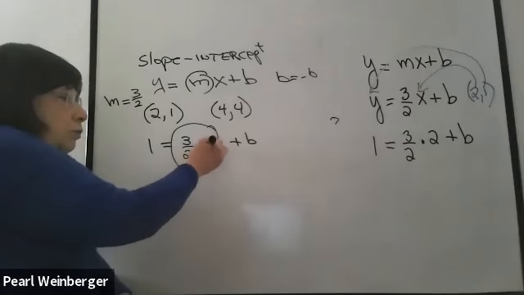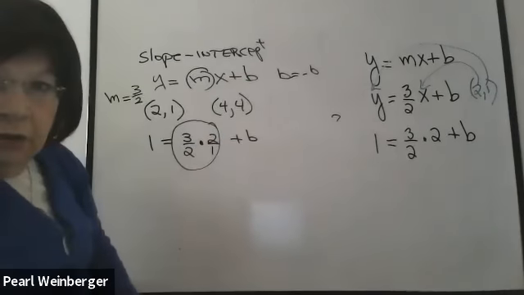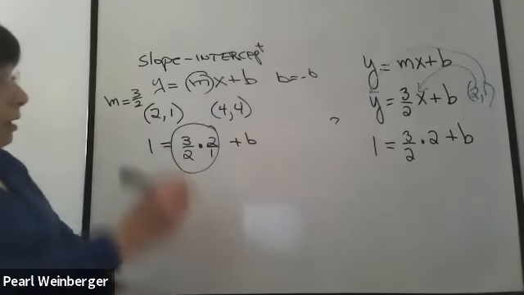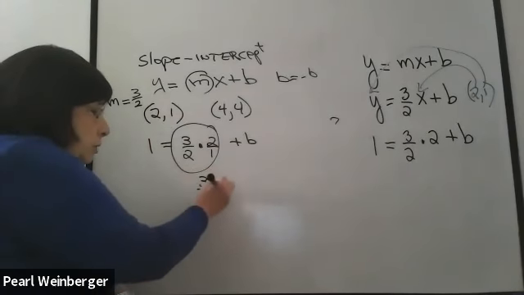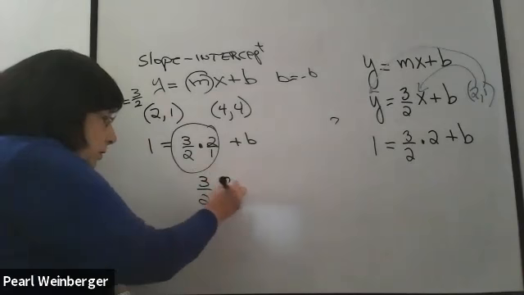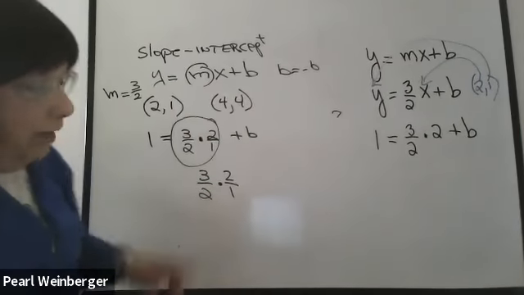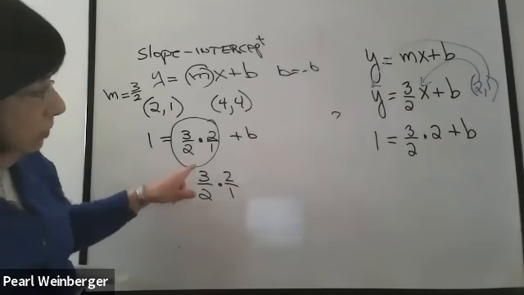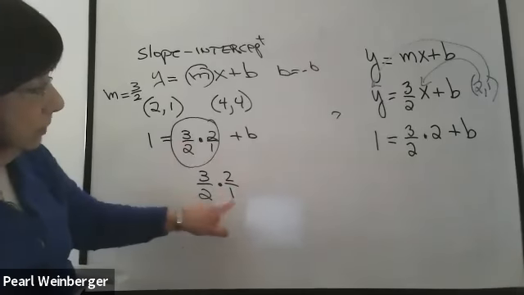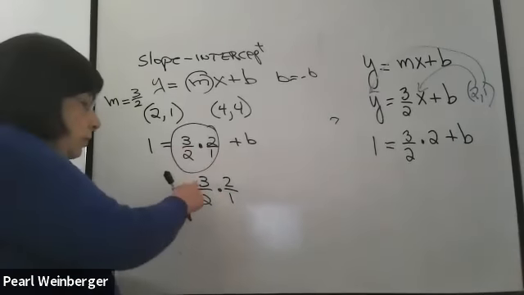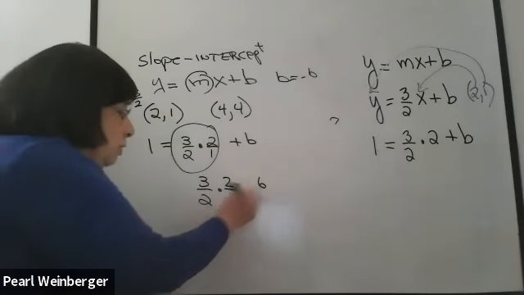And any whole number really can be written as that number over 1. So the first thing I want to do is multiply 3 over 2 times 2 over 1. And the rule for multiplication of fractions is you multiply the tops together and you multiply the bottoms together. 3 times 2 gives you 6. 2 times 1 gives you 2.